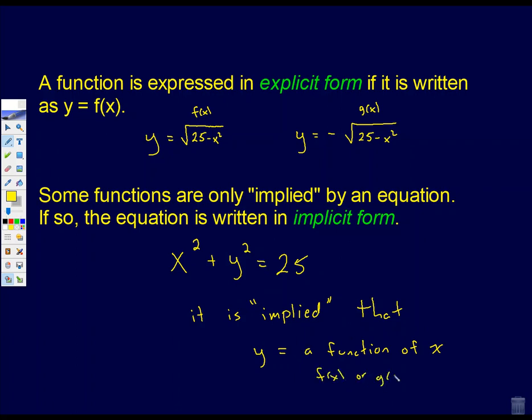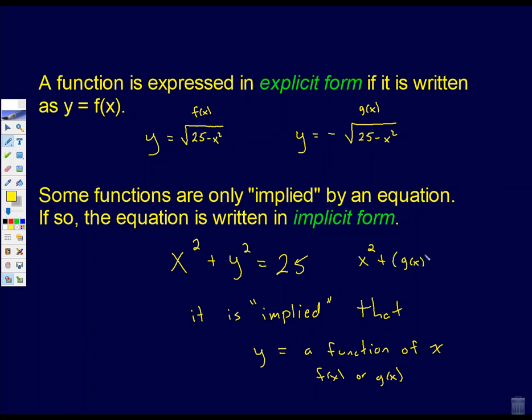And the name of that function really does not matter. So we could call it f of x or g of x or h of x or whatever you want to call it, but the implied part is that without explicitly saying it, we want to think of y as a function of x, meaning it would not be wrong to express the equation of the circle this way.